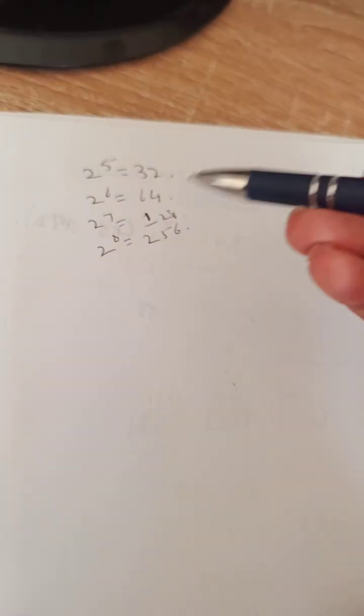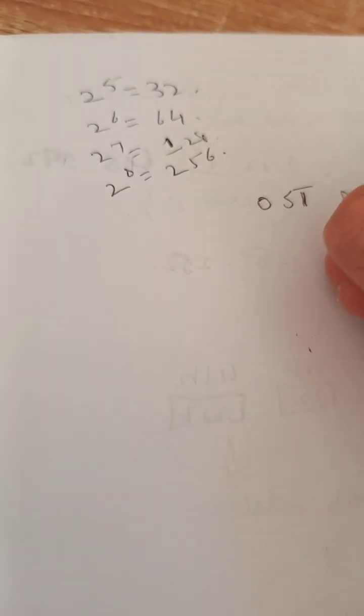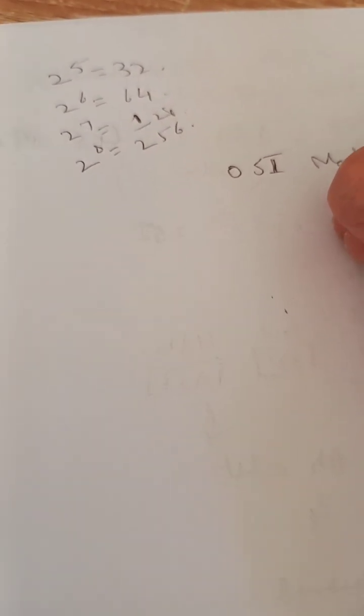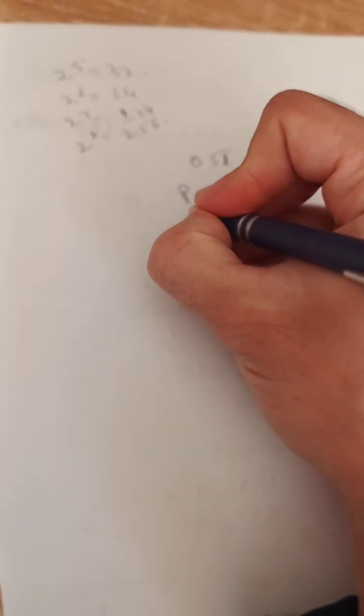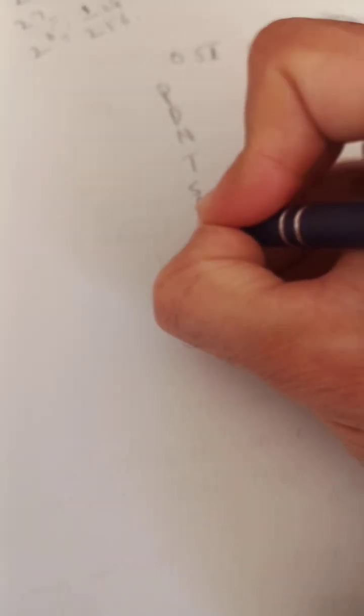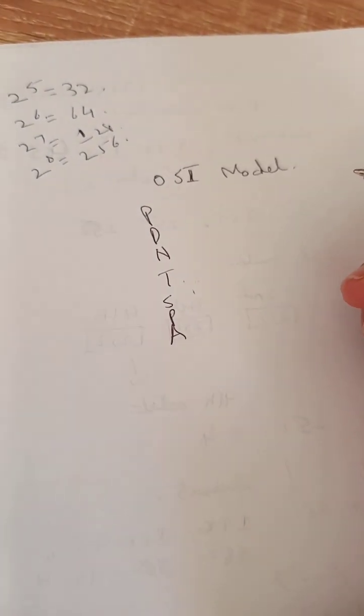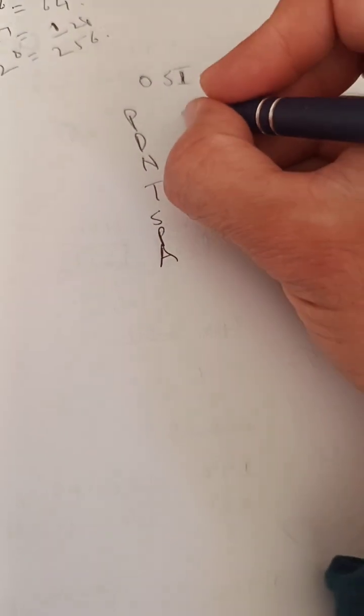And so just regularly revising the OSI model might be a good idea. Here, these are some abbreviations with the OSI model that will be very useful.